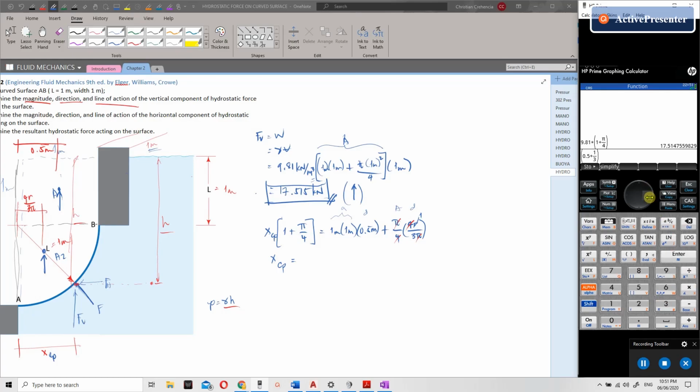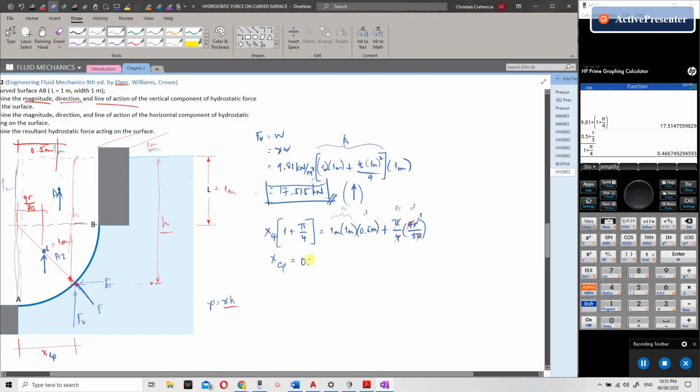Then we can transpose this, so we divide by 1 plus pi over 4. Okay, so we have 0.4667 meter. That is the line of action of the vertical component.